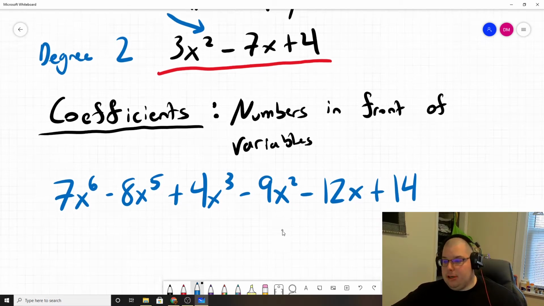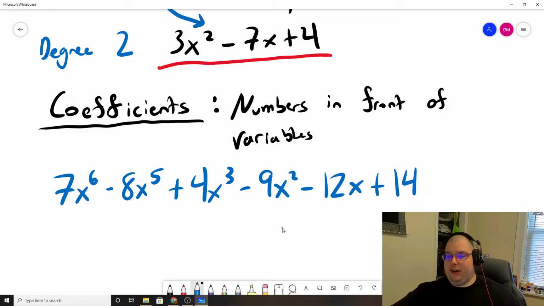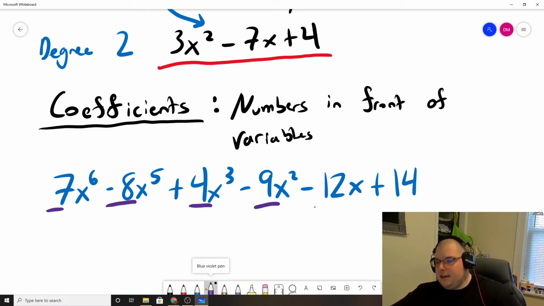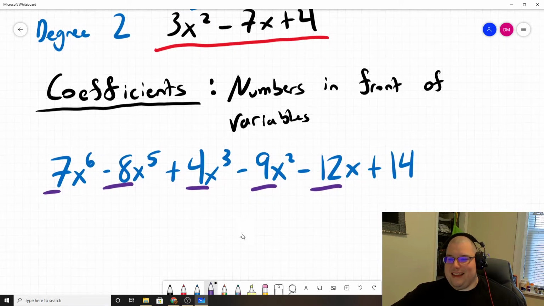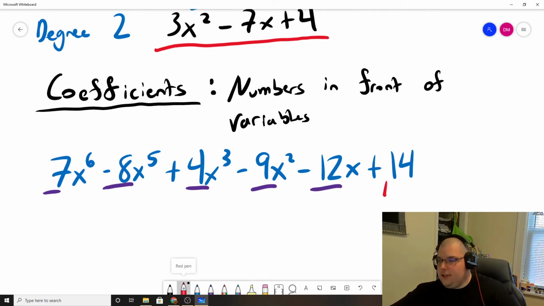Every number that is in front of a variable is a coefficient. So 7 is a coefficient, -8, 4, -9, -12 are all coefficients. Now, this 14 back here, some view it as a coefficient, some do not.